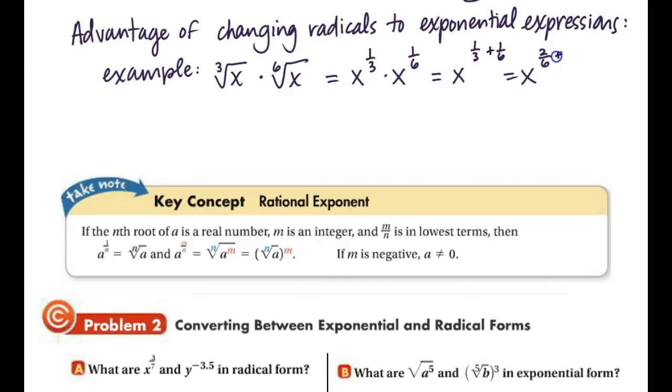That's the equivalent form with the same denominator. So I have 2/6 plus 1/6, that's equal to 3/6. And then reducing that, it gives me x to the 1/2, and we know by now that x to the 1/2 is the same thing as the square root of x. So you can see that by changing the radicals into exponential form, it helped us in simplifying the original expressions.